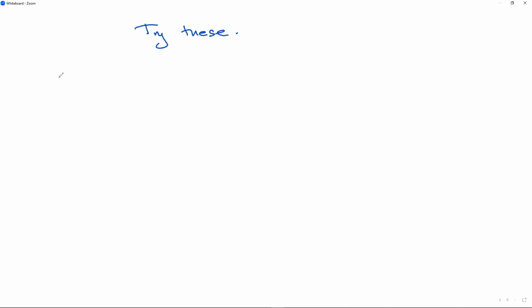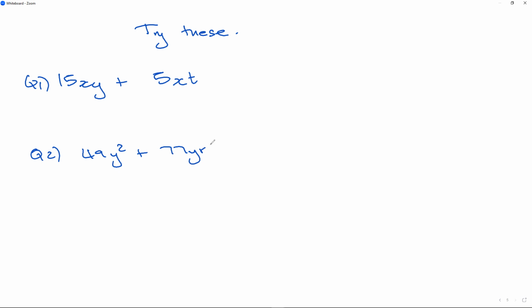Suppose I've got 15xy plus 5xt. Question 1. Question 2. I've got 29y squared plus 77yr plus 21y squared r. Question 3. bc minus bd minus c plus d.